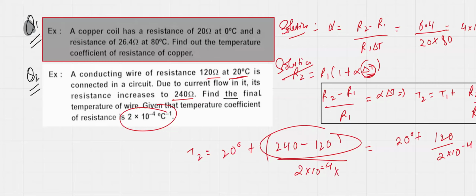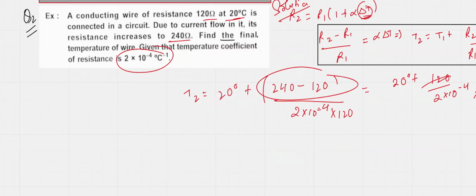So instead of R1, I can put 120. So this will also be 120, and you can see this is cancelled out. So what am I left with? T2 is equal to 20 degrees plus 1 by 2 into 10 to the power minus 4. So this minus 4 will come up to the top and it will be rewritten as 20 plus 10,000.